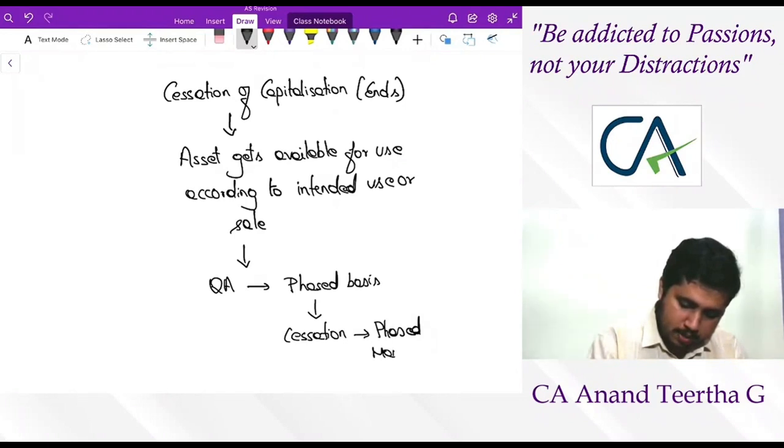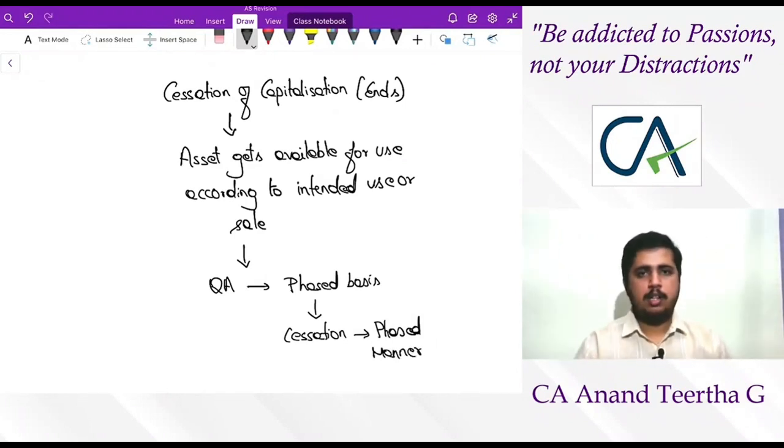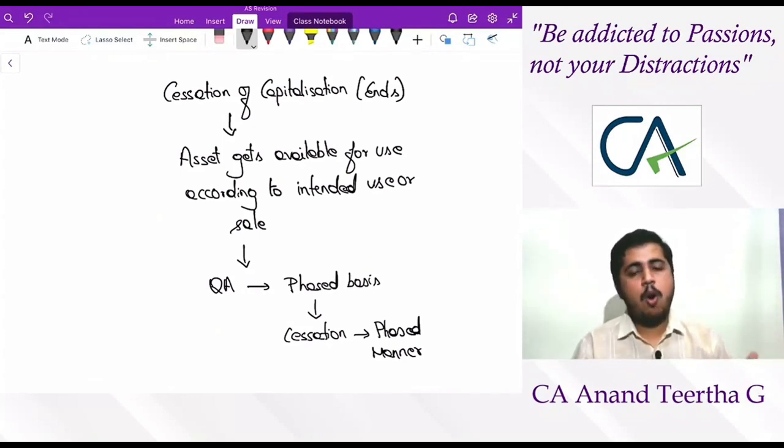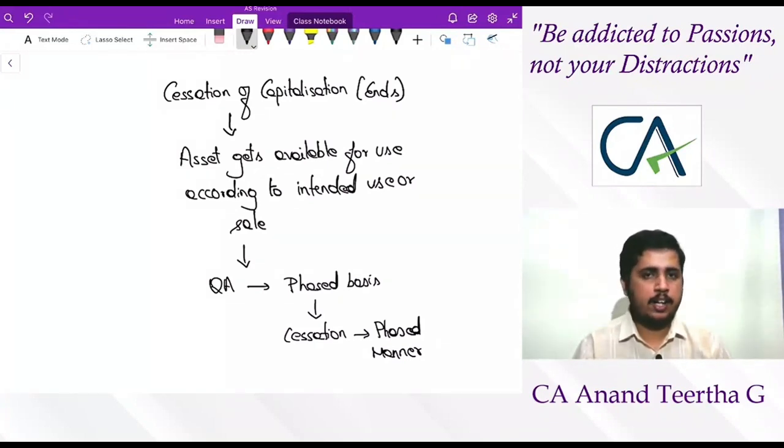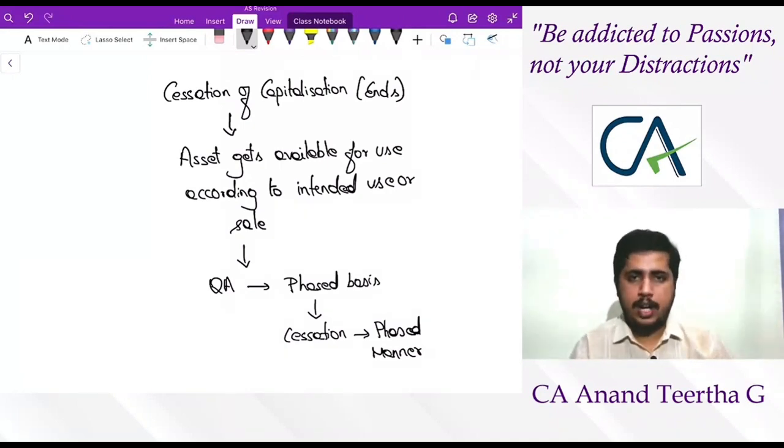For example, there is a business hub. You want to create 10 factories in a particular business place. So you have taken a place, in that place you want to create 10 factories. Now, all these 10 factories' construction is given to one contractor.